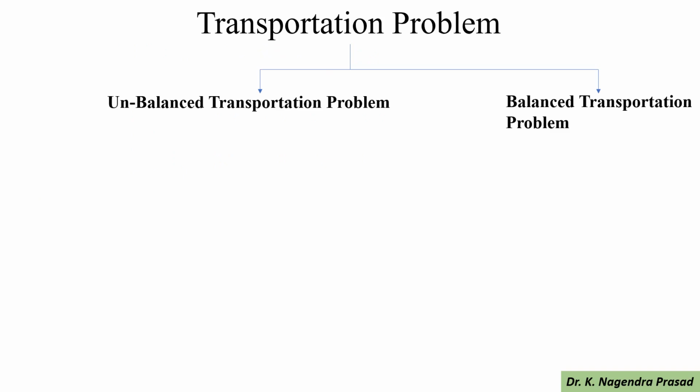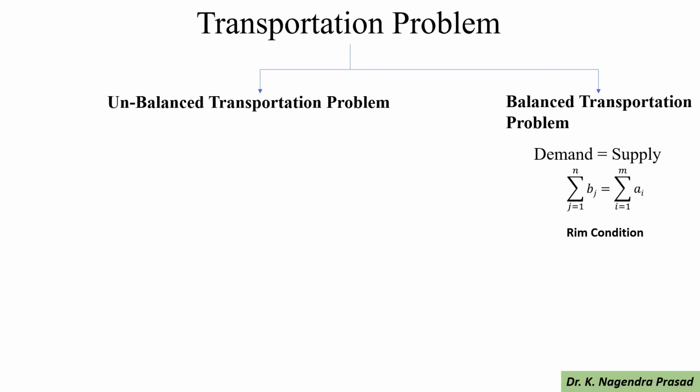Next, we have to look at the classification of transportation problems. In general, transportation problems are classified into unbalanced transportation problems and balanced transportation problems. First, let us look at what we mean by a balanced transportation problem. If the total demand equals the total supply, we call it a balanced transportation problem.